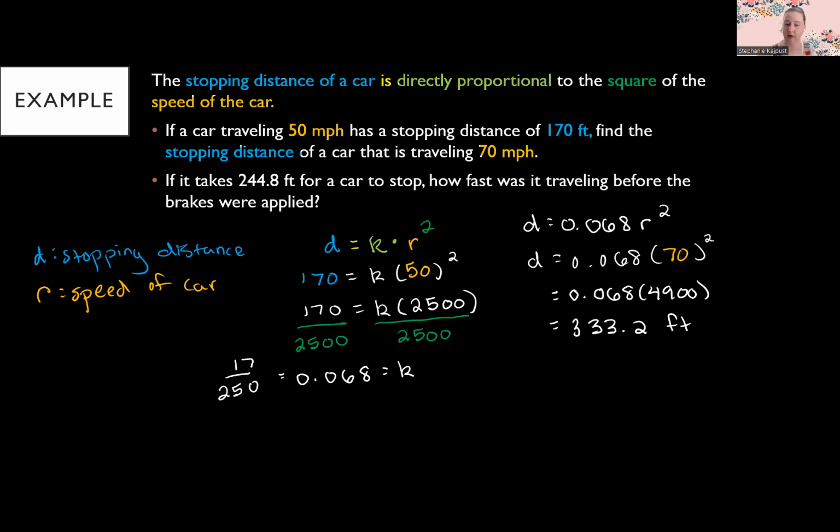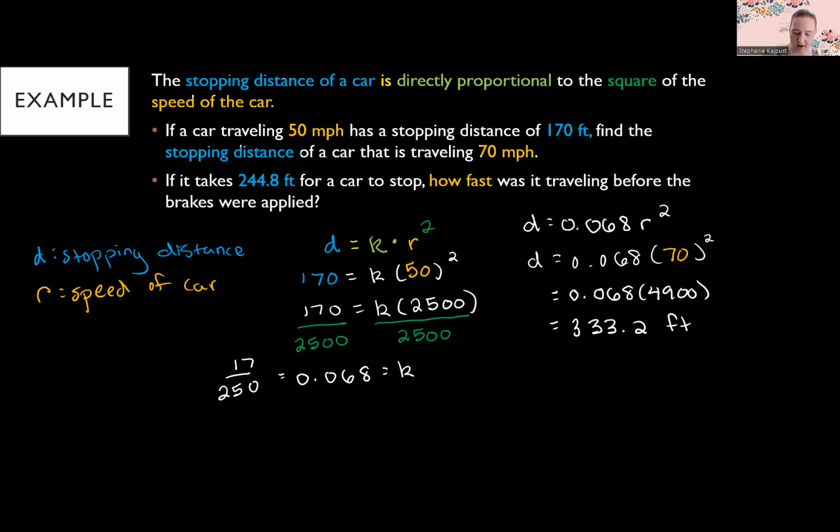So we finally answered the first bullet point. And now we go to the next bullet point. If it takes 244.8 feet, so now they're giving us another stopping distance for a car to stop, how fast was it traveling? So now they're looking for the speed of the car.